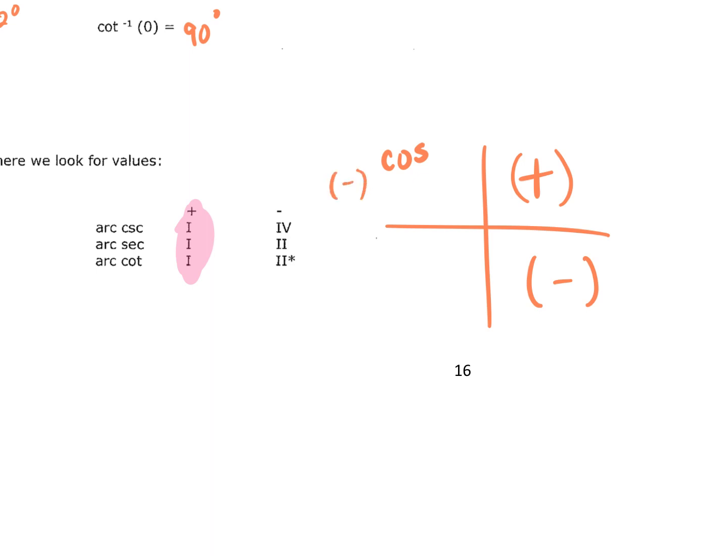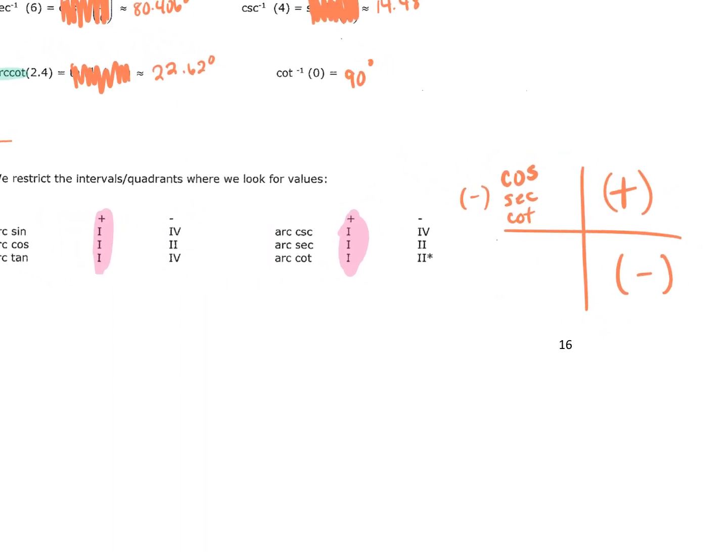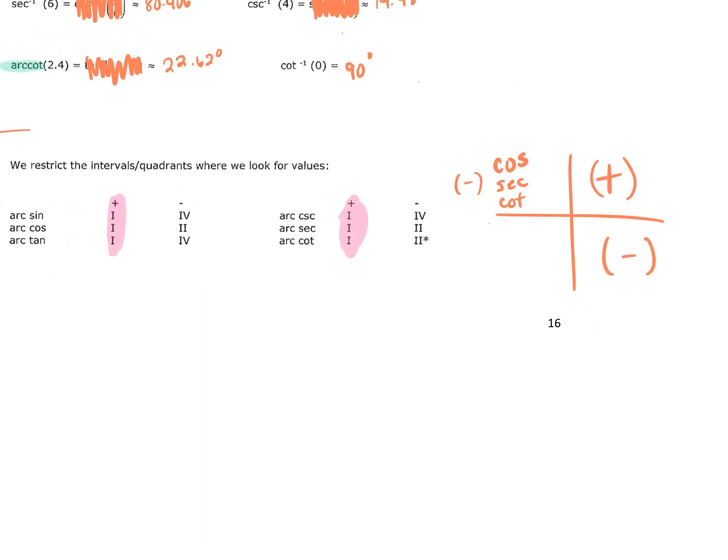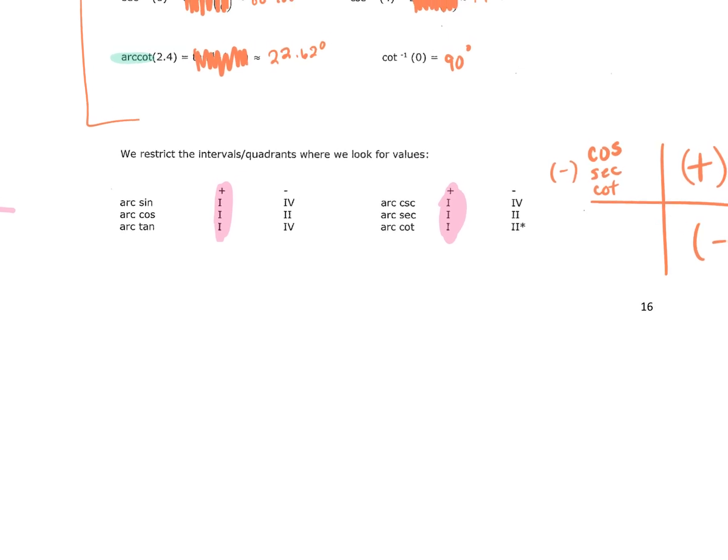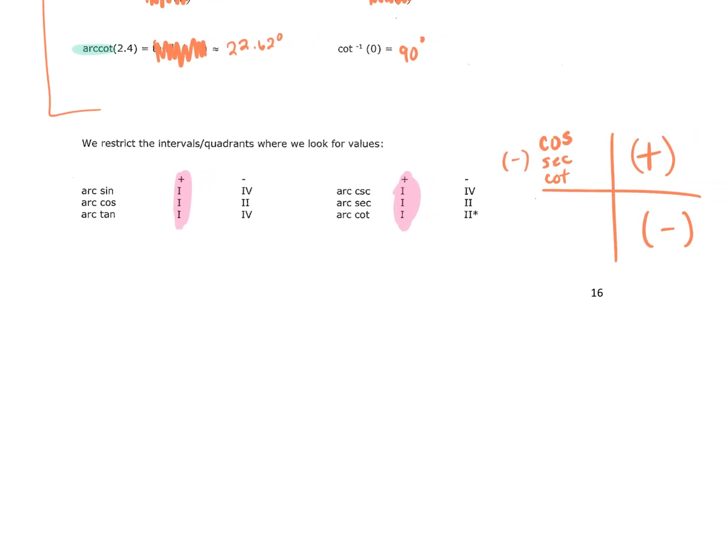And if you notice, I have a little asterisk next to this one. That's cosine and its reciprocal. There's always that exception to the rule, and the inverse cotangent of something negative, we also look in this quadrant. So that's in general what the rule tells us, and that's what this chart is telling us too. Arc sine of something negative, we're going to look down here.